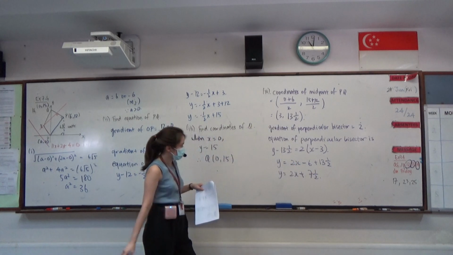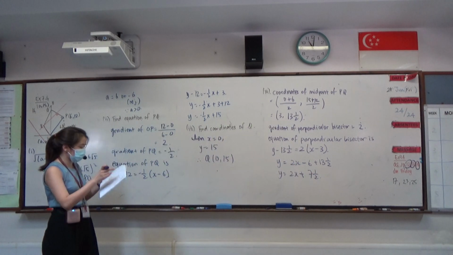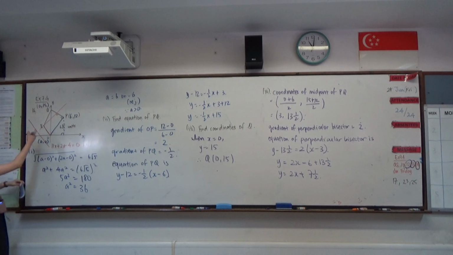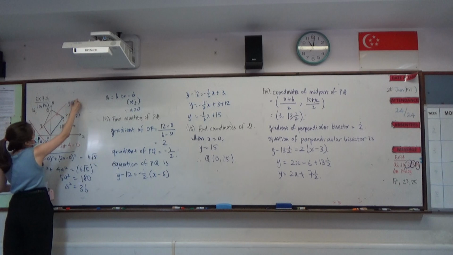That would be y equals 2x plus 7.5 for the equation of the perpendicular bisector. So we now have the equation of this already.